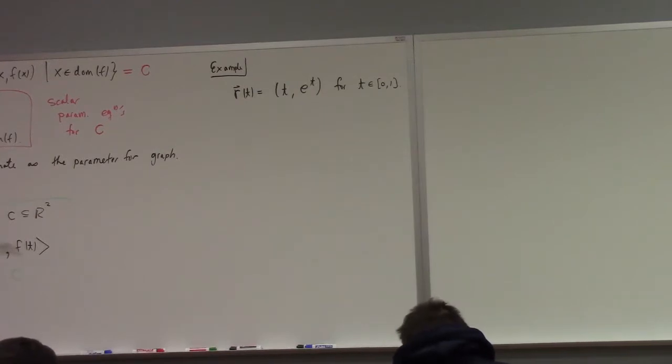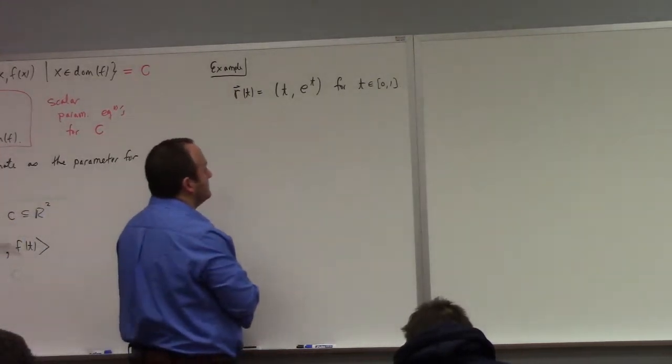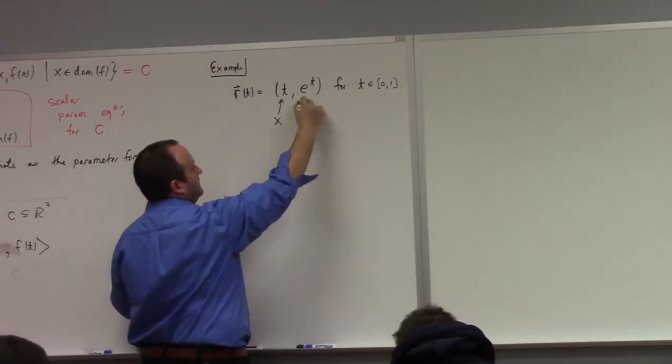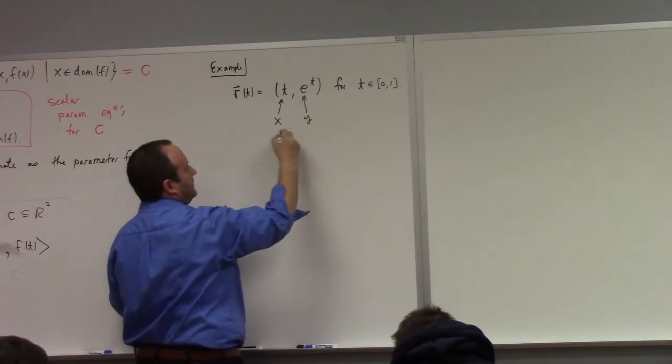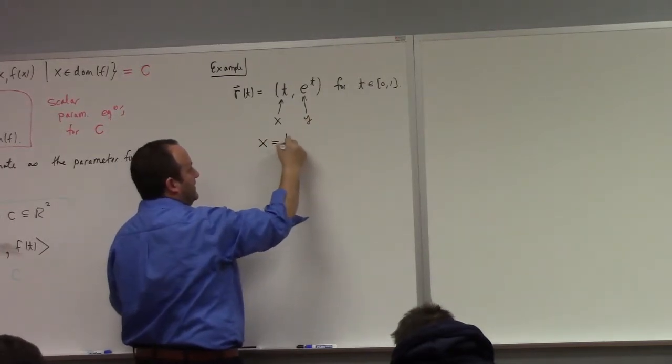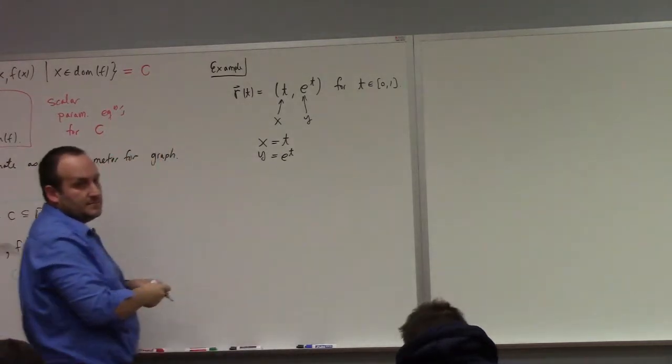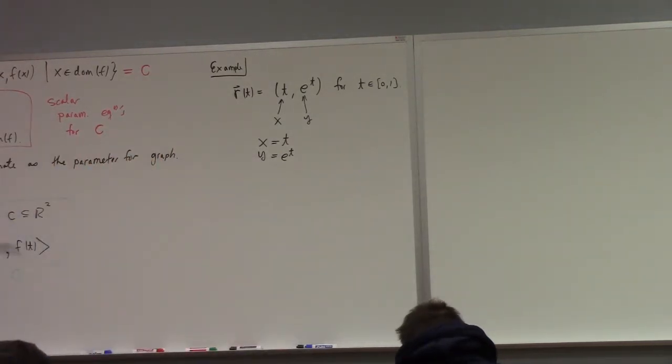In other words, can you tell me what x is as a function of time and what y is as a function of time? This is x. This is y. The scalar parametric equations are just x equals t and y equals e to the t. That's it.